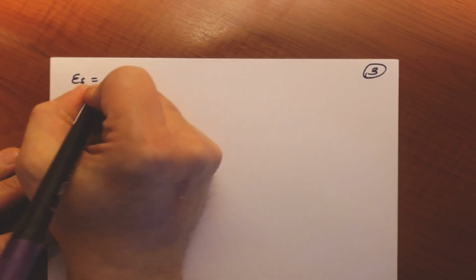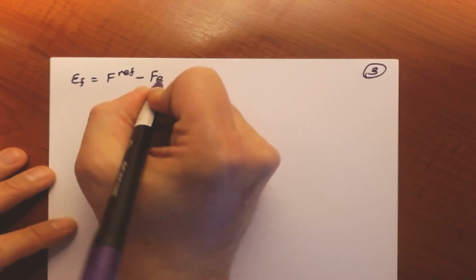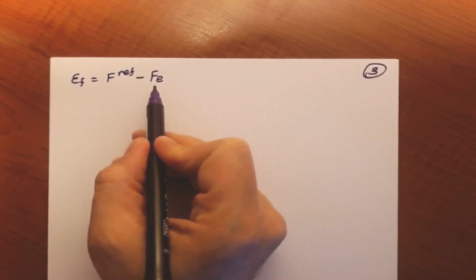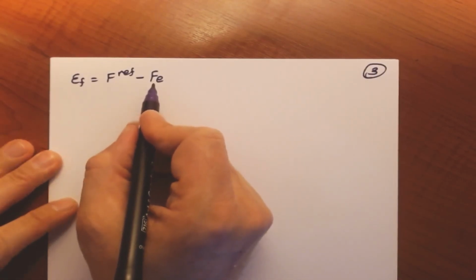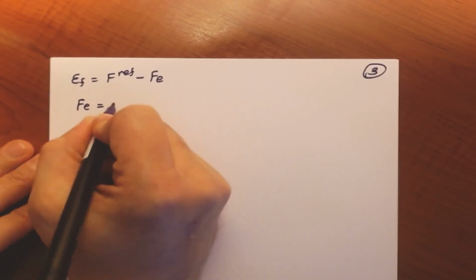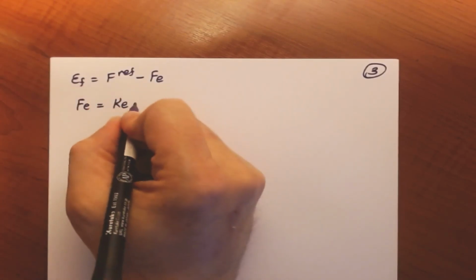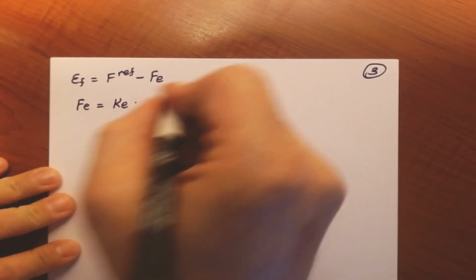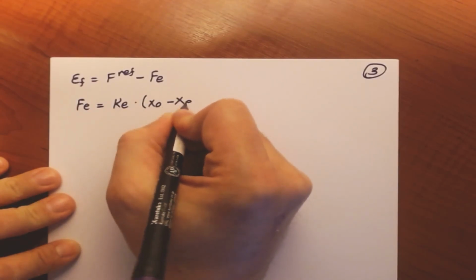EF was force reference minus F environment. Let's go back to the original definition of environment force in the simplest assumption and substitute it into this equation. If you remember, F environment for the simplest case was taken to be K environment, the environment's stiffness, spring constant, times the deflection created in the environment, right? So I can write here X naught minus X environment, right?